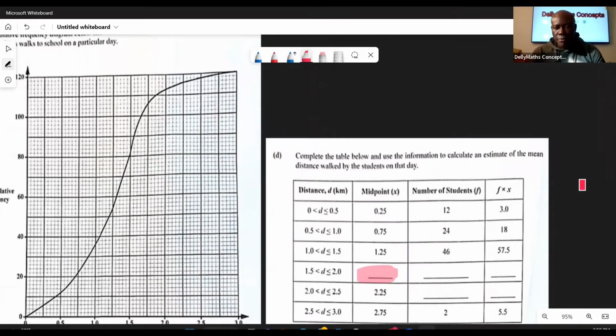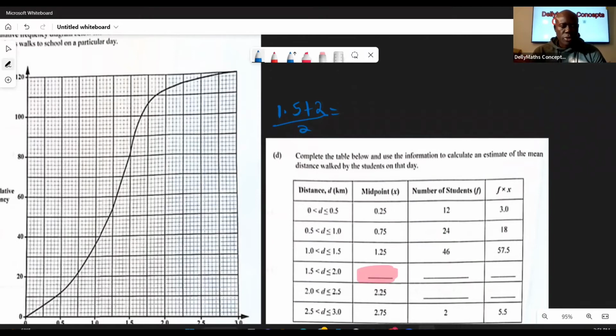So it's the middle of that class that we have. All we've got to do is add the 1.5 plus the 2. So I'm going to add 1.5 to 2, and then divide this by 2, and it's going to give me my mid value.